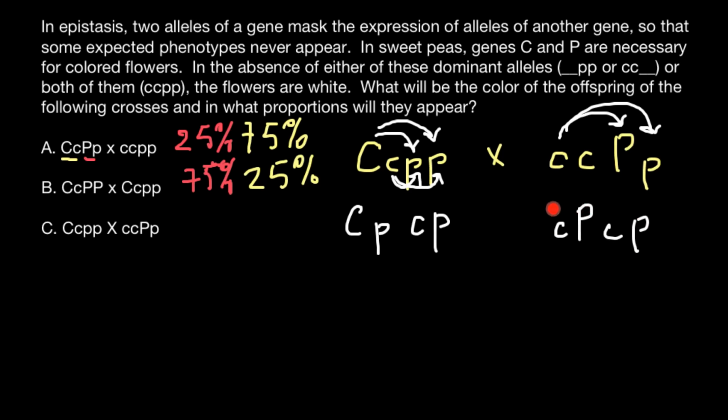So this parent would produce 50% of gametes small c, capital P, and the second variant would be small c and small p.